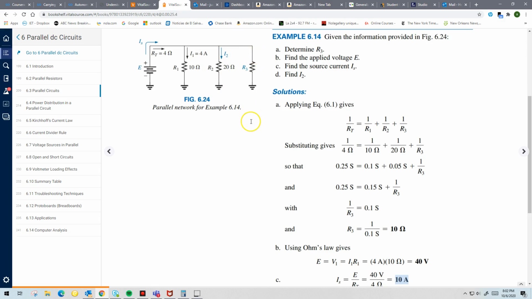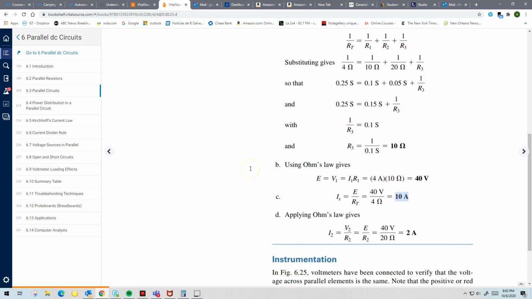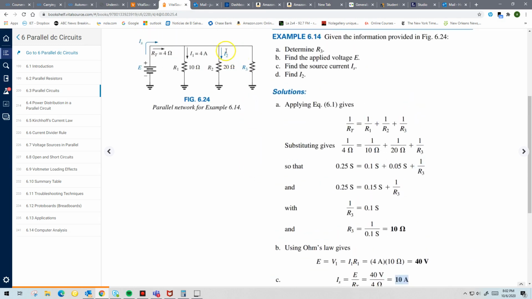Then what if you wanted to find the current through R3? Well, if you notice here, the source current is 10 amps, right? We found I2 is 2 amps, right? So this is 2 amps, this is 4, and this is 10. But remember, these 10 amps are going to split among R1, R2, and R3. This is 4 and this is 2, so this gives you a total of 6 between these two.